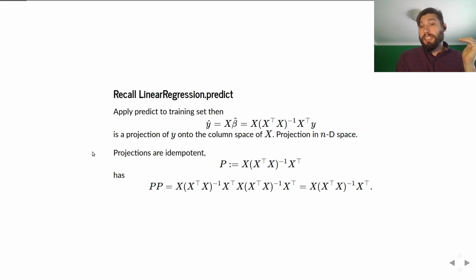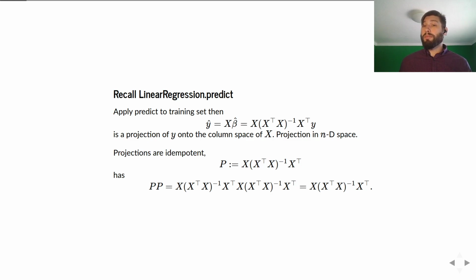If we write out the solution for beta hat, assuming that X transpose X was invertible, that gives us X times X transpose X inverse times X transpose Y. And if you remember your linear models class, one way to think about this is that it is a projection of Y, an N vector, onto the column space of X.